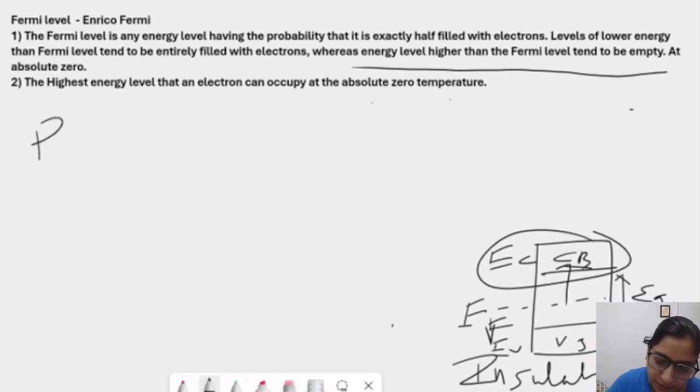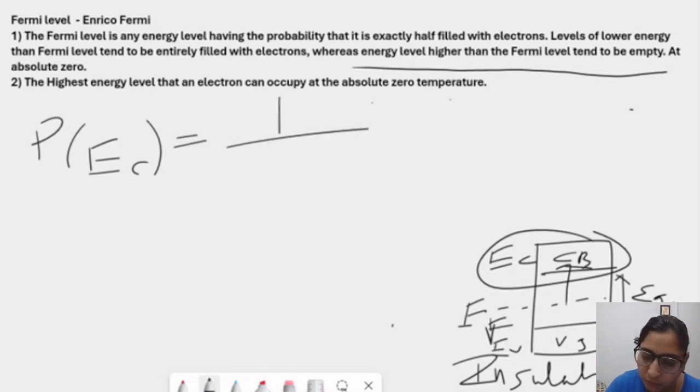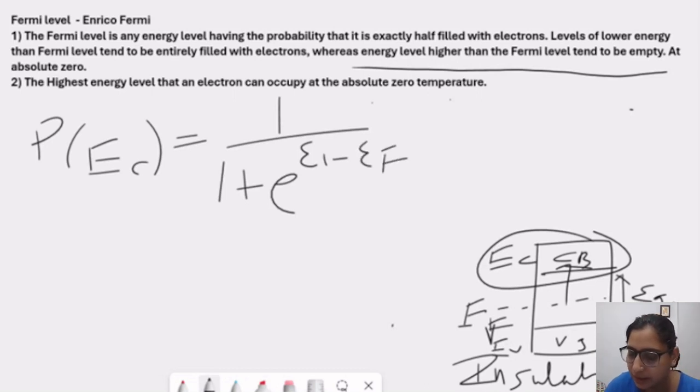Now we are considering here the energy of EC because we are calculating for conduction band. So 1 upon 1 plus e to the power (EC minus EF), because the second level here is not the valence level but the Fermi level. In between we are considering that from Fermi, above the Fermi level, the conduction band which is empty, because in definition it is written that energy level higher than the Fermi level tend to be empty.